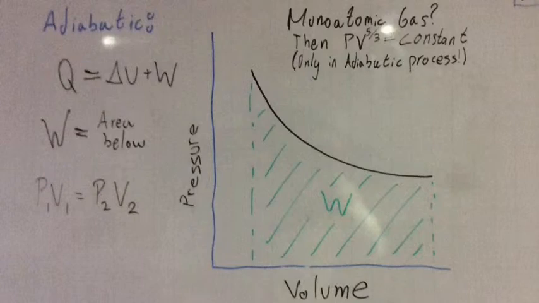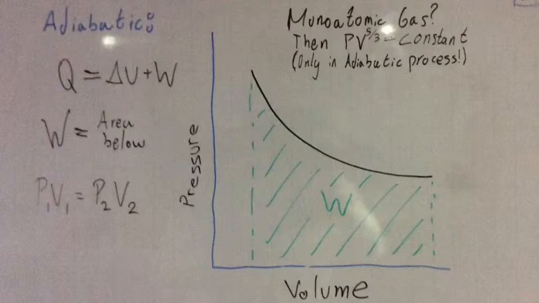Following up with the adiabatic process, in here the process occurs rapidly, so thermal energy is not transferred with the surroundings. The heat formula would correspond to heat is equal to change in internal energy plus work. Work will also be calculated by finding the area below the line in the pressure-volume graph.